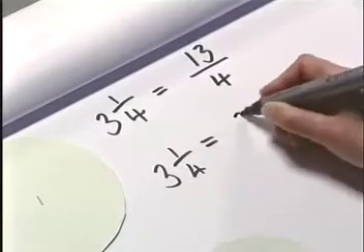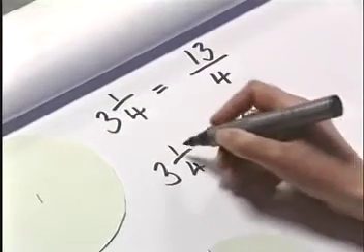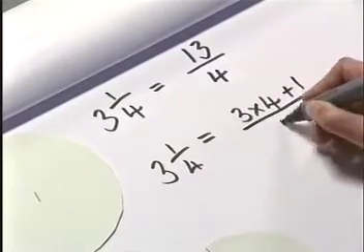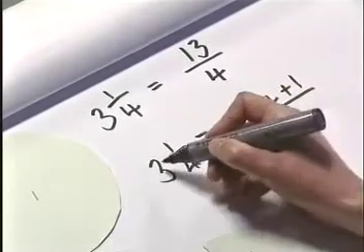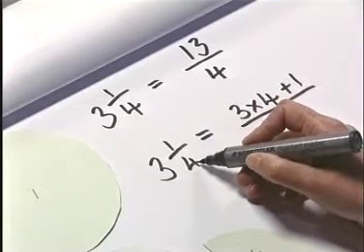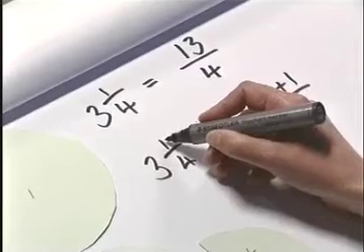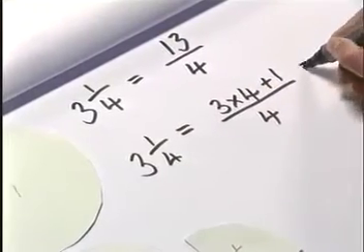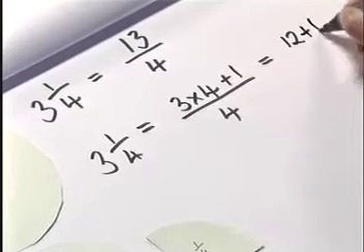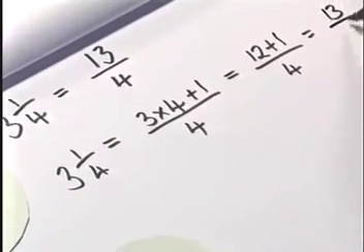So we've got 3 lots of 4. And then what we're adding on is our 1. And these are all quarters. So it's the whole number multiplied by the denominator. We've added the extra that we have here, whatever this number is, and those are the number of quarters we've got. So we've got our 3 4s are 12 plus 1 quarters, so 13 quarters.